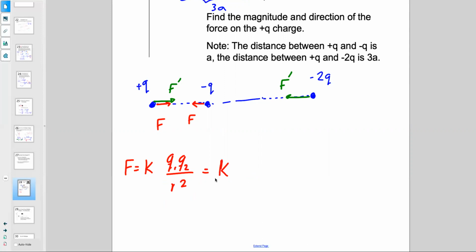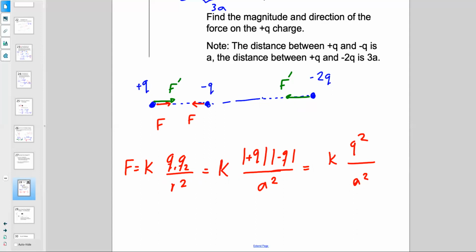We know the value for K is 8.9 times 10 to the 9. Q1 is positive Q, Q2 is negative Q, and R squared is just A squared. So you have K Q squared over A squared. That's what it is.